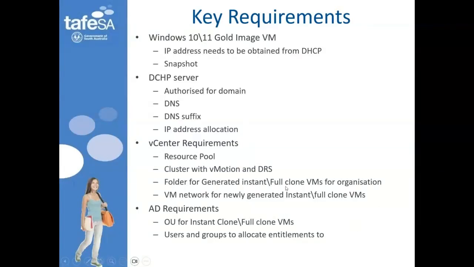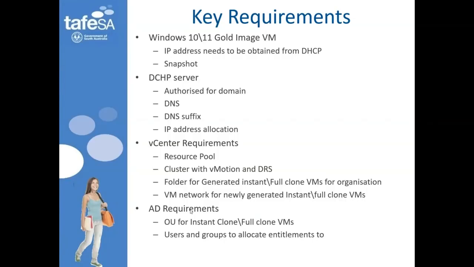Okay, and obviously we need a network that the virtual machines need to be connected to, and that network needs to be accessible to the Active Directory. That's very important. And with the Active Directory, we need an OU for all the full clones or instant clones virtual machines, because when they go through the process of provisioning, they will be generated.